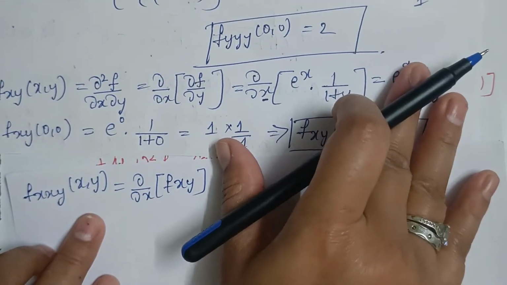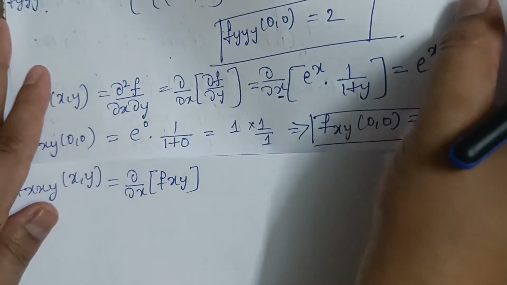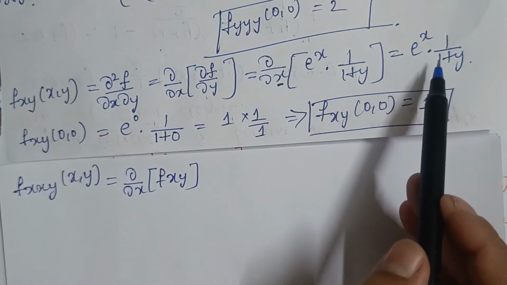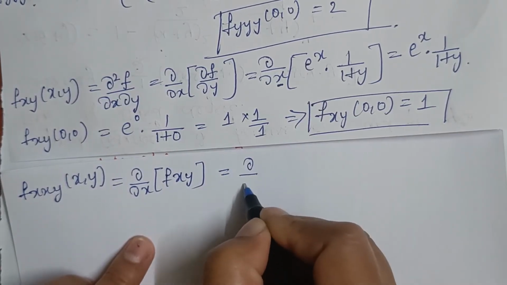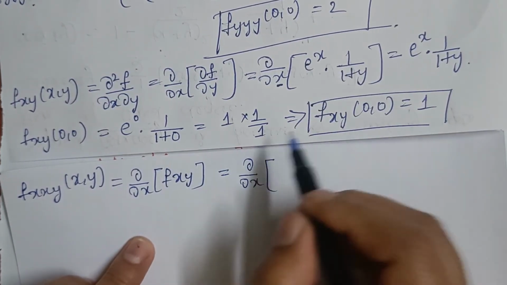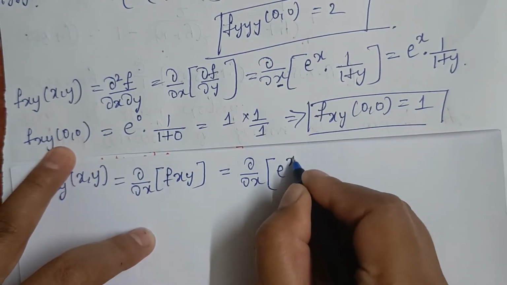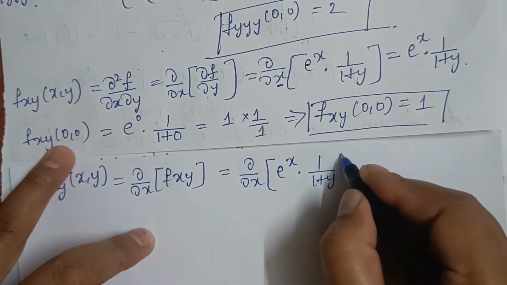I'll just write it ∂ by ∂x of f_xy. I can write it as e^x into 1 divided by 1 plus y.